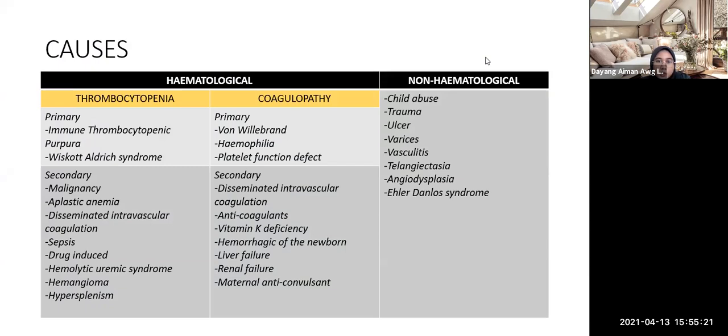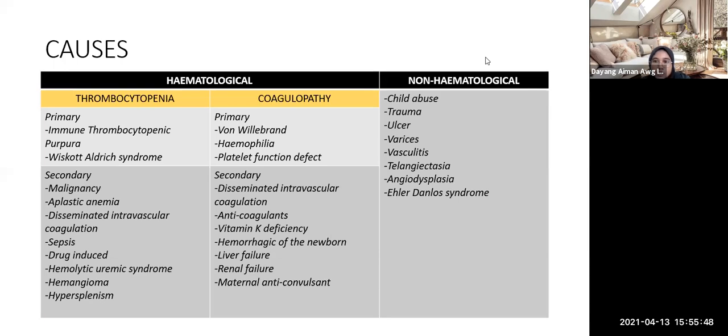In primary, the most common one is ITP, and secondary can be others like malignancy, aplastic anemia, DIC, viral infection, sepsis, HUS. And for coagulopathy, the primary causes are clotting factor deficiency and hemophilia. Secondary cause can be also DIC. DIC presents with bleeding and coagulopathy.